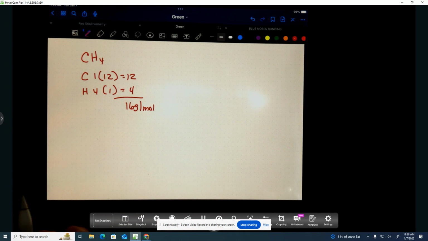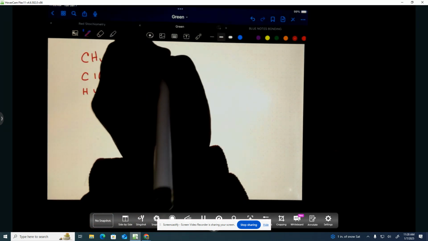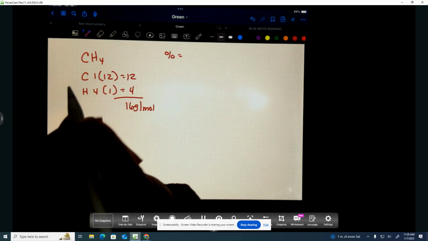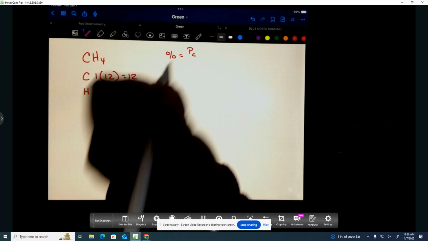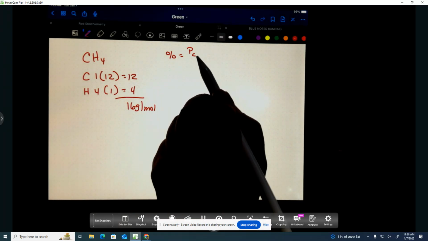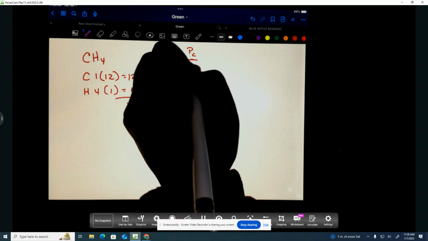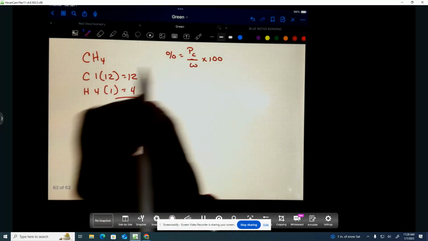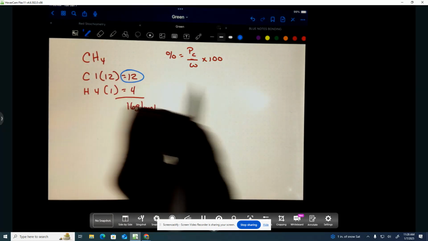If I want the percent of carbon in the formula, we would take the formula, which is on the back of your reference tables, and we're going to say part, in this case, part of carbon, that's why I put a little C here, divided by the whole megillah, times 100. The part that's carbon was 12.